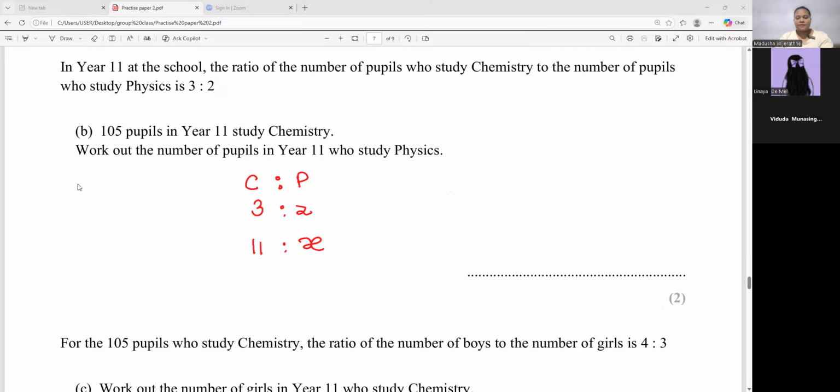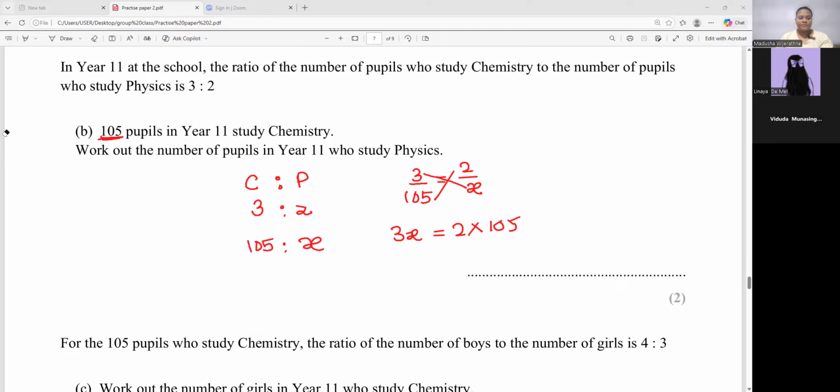So one method is we can write this as an equation: 3 over 105 equals 2 over x. It's not 11, 11 is the grade. It's 105 students. After that, cross multiply: 3 into x, 3x, 2 into 105.